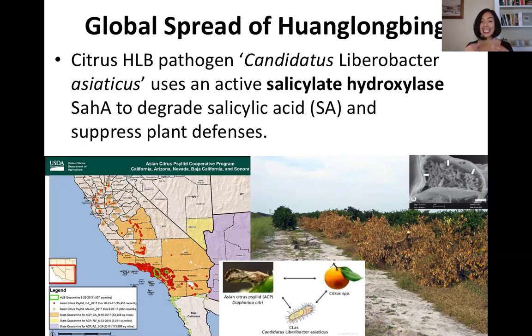This is being transferred by the citrus psyllid, Diaphorina citri. This psyllid, a jumping plant louse insect, is the vector of this Candidatus Liberibacter asiaticus.